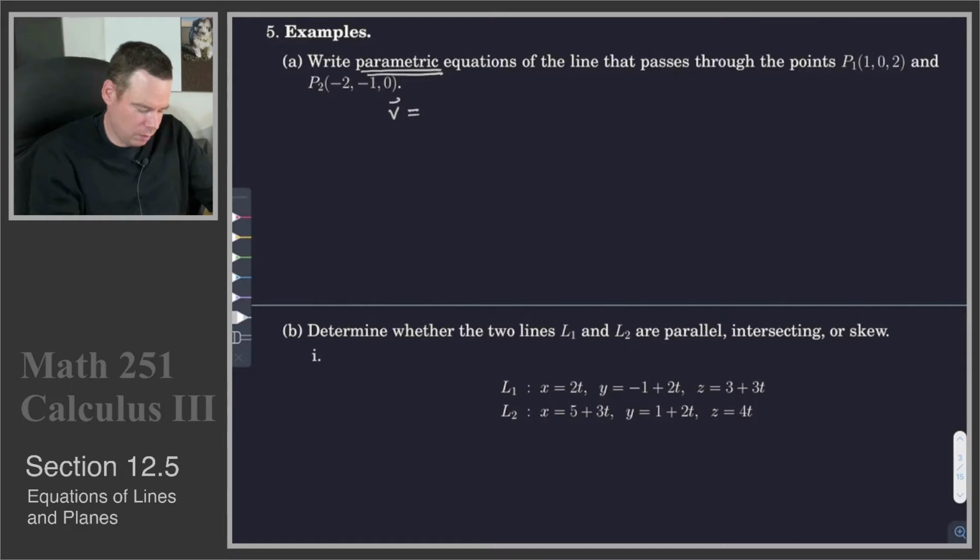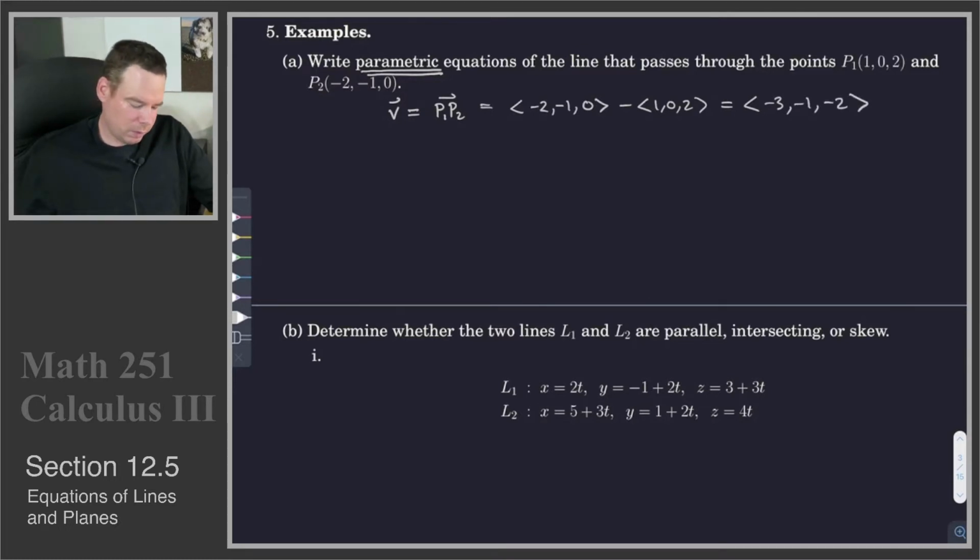A direction vector, we'll just take the vector that goes from one of the points on the line to another point on the line. And we can get this by doing the tip minus tail, so the position vector for the point at the tip minus the position vector for the point at the tail. And so our vector is -3, -1, -2. So there's our vector in the direction of the line.